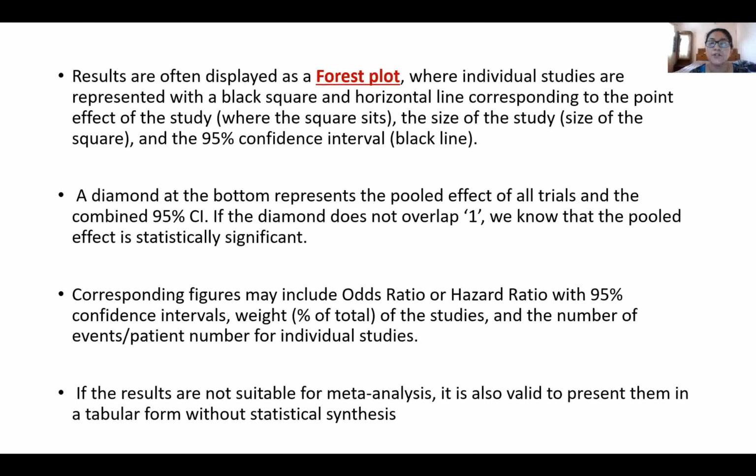The diamond at the bottom represents the pooled effect of all the trials. So the pooled effect of all the studies is represented by a diamond. If the diamond does not overlap one, we know that the effect is statistically significant. The corresponding figures may include odds ratio, hazard ratio with 95% confidence intervals, etc.